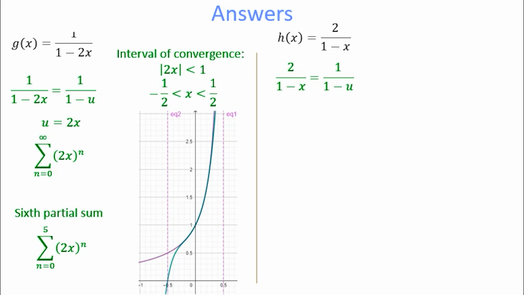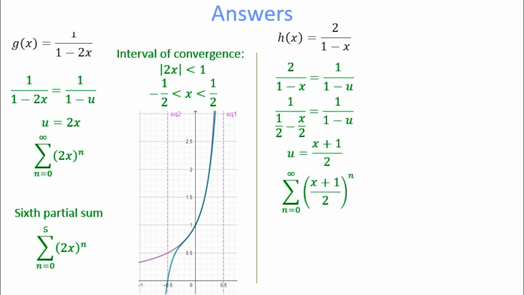And now in the second part, again we use this as a template. We need to divide both sides of this fraction by 2. So we get 1 on the top, similarly to the right hand side. And from now on, it is easy to express for you. We get this as our power series. We can find the interval of convergence easily.